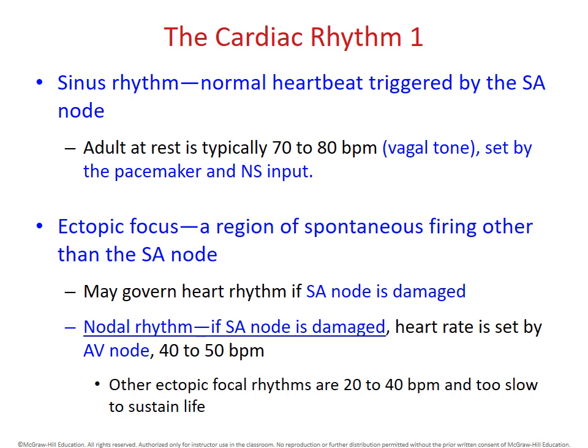The problem with this is that it will significantly lower the heart rate to below 30 to 40 beats per minute. Unfortunately, that heart rate is too slow to have sufficient blood flow throughout the entire body. So at that point, the patient would be an excellent candidate for getting a pacemaker installed, an artificial way of initiating the heart rate.